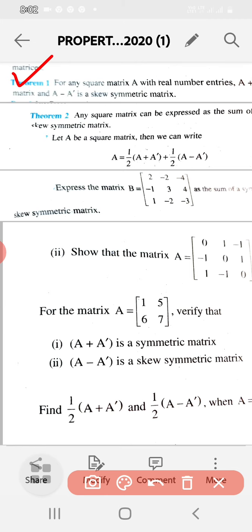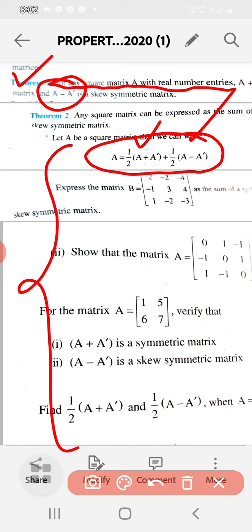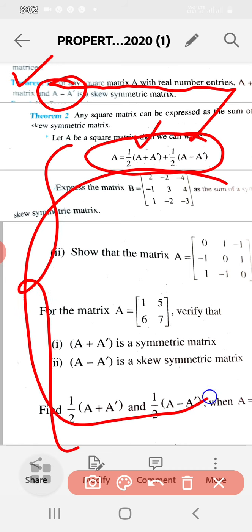I am considering this first statement. For any square matrix, A plus A dash is a symmetric matrix and A minus A dash is a skew symmetric matrix. That is the first statement. The second statement is, any square matrix can be written as a sum of symmetric and skew symmetric matrices. So all these are examples regarding those two statements. We shall solve all these problems in this class.